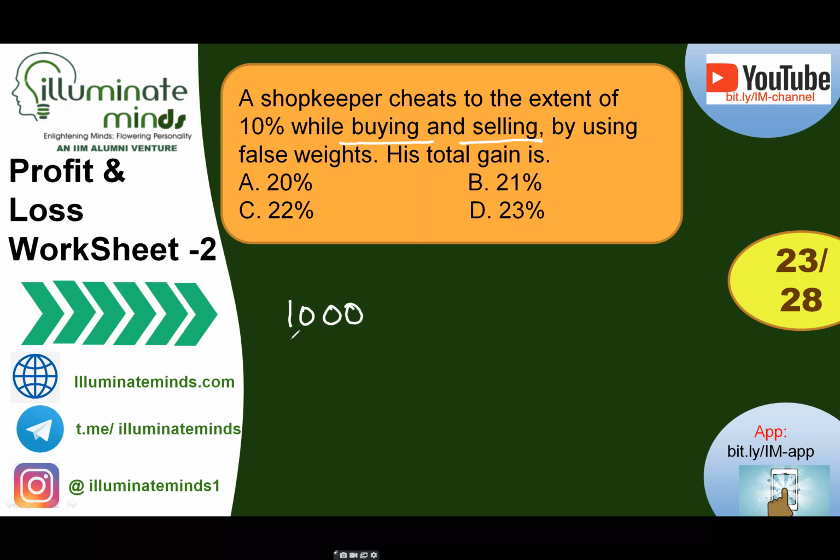that he is buying 1,000 grams of rice where each gram costs rupee 1. Each gram costs rupee 1, but by cheating, he took 1,100 grams from the seller. So this is 10% cheating while buying.